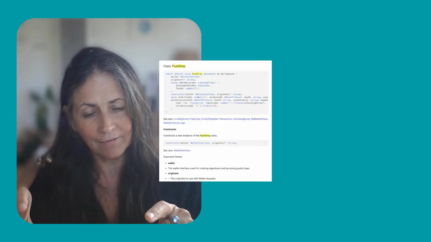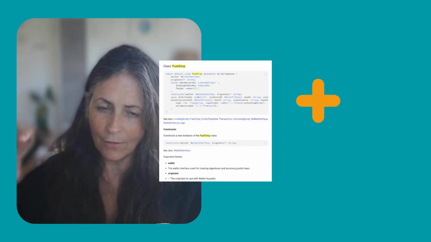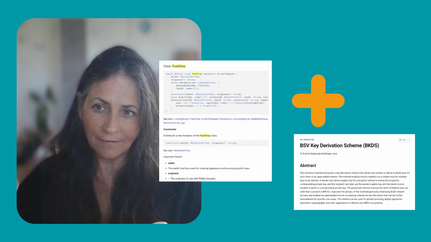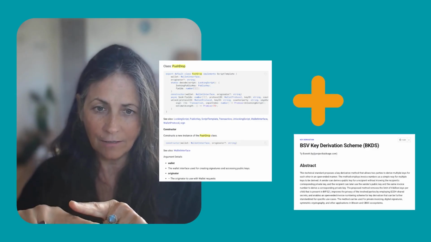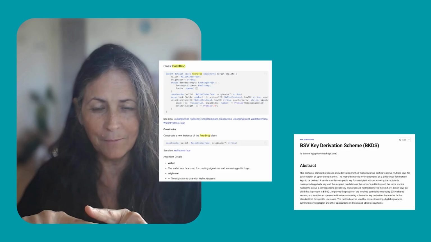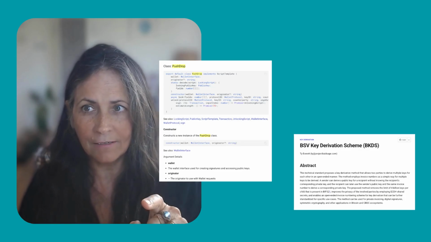So those two concepts, the push drop shape class, if you will, and the BKDS wallet derivation, are tightly integrated if you do it right. There is a class in the TypeScript SDK for this. I don't know if any other languages have implemented the push drop, but it's conceptually laid out in that class.